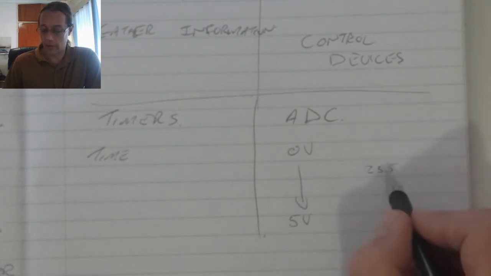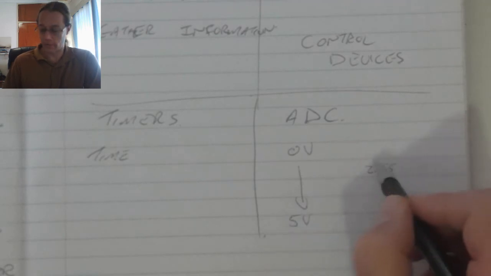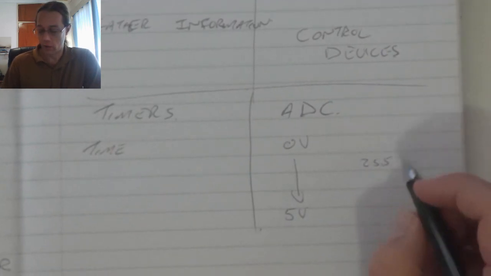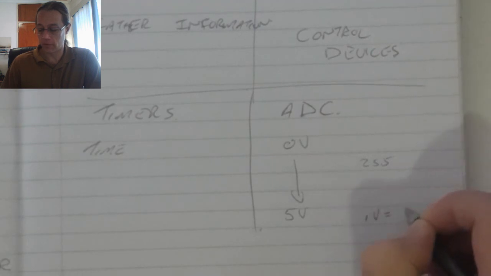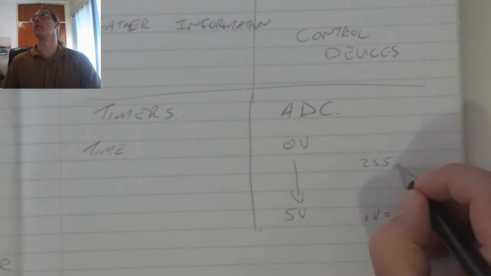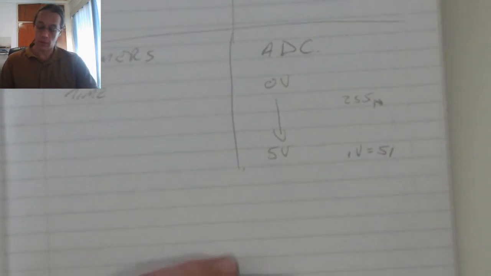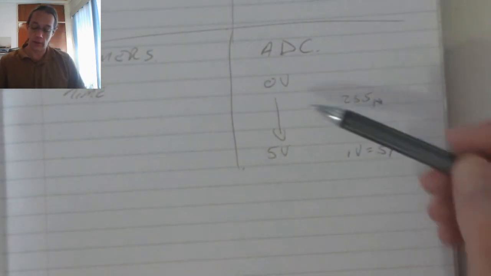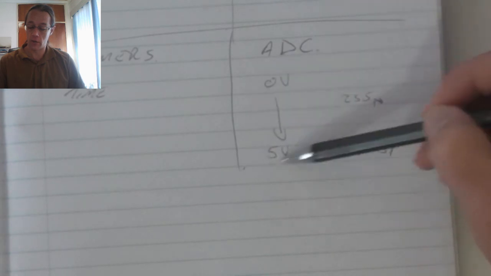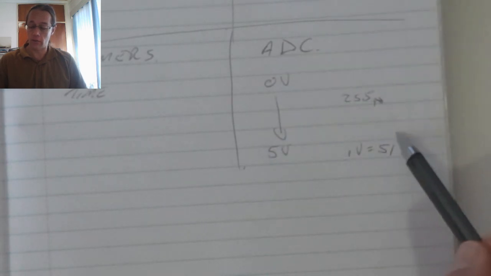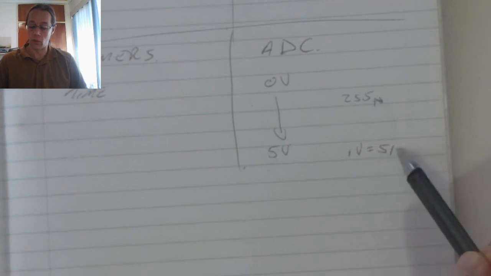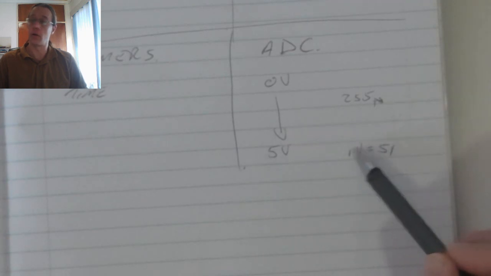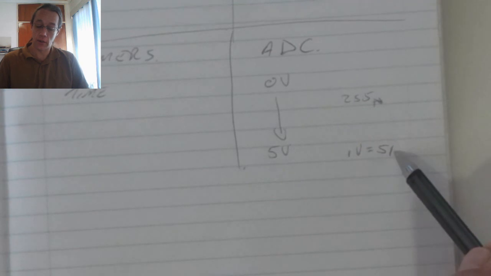In other words, if we divide 5 volts into 255 pieces, we will see that 1 volt is equal to 51 of those pieces. So by looking at the voltage that's being measured, we can see that we've got a set ratio between the voltage and what the value is going to be.